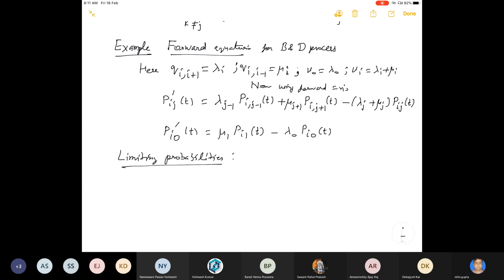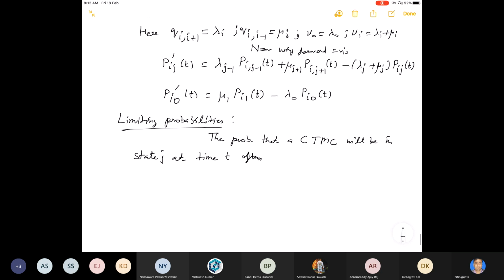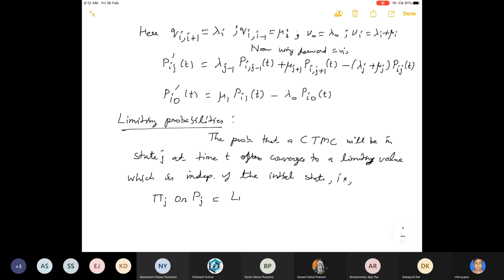Okay, so the probability that a continuous time Markov chain will be in state J at time t often converges to a limiting value which is independent of the initial state, that is Pj, or we can say pi j, whatever you denote, is the limit of Pij(t) as t goes to infinity.